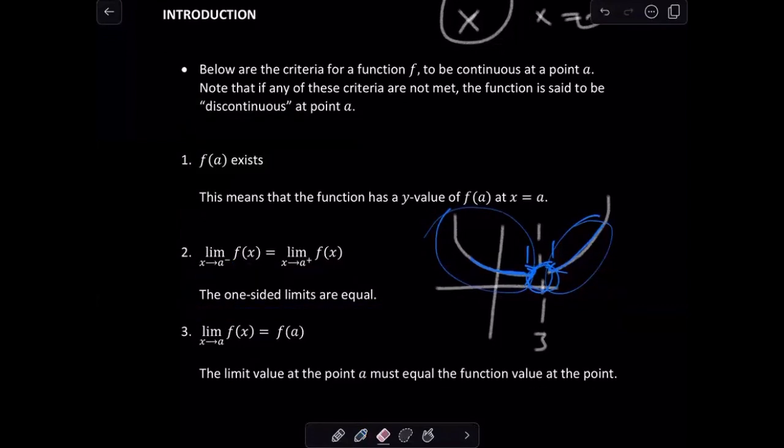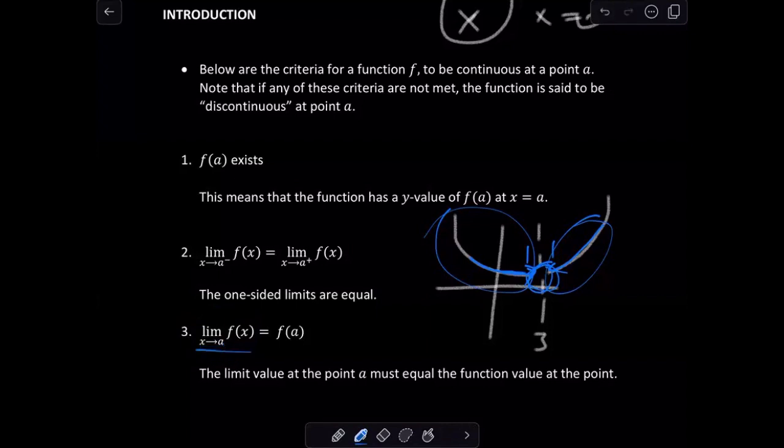Let's go on to condition 3. So condition 3 is a bit tricky because it relies on condition 2, but it's nothing major. The limit as x approaches a of f of x. So notice that there is no plus or minus sign in the exponent position of the a. So in this case, we are looking at the full limit.